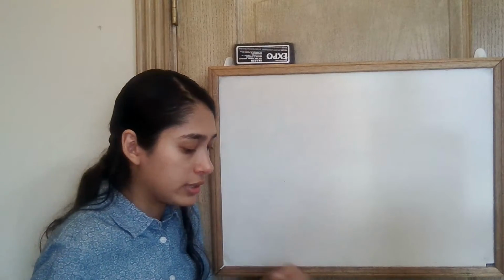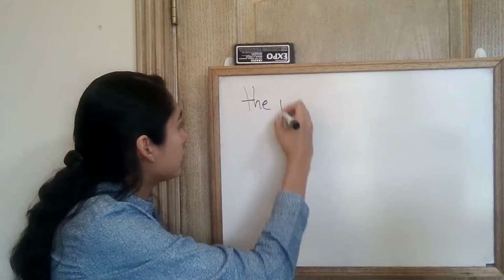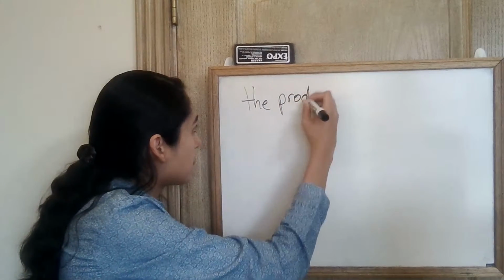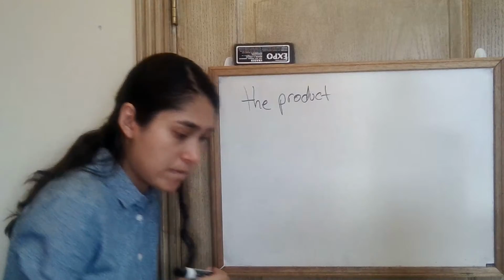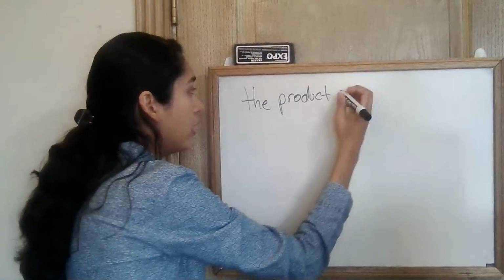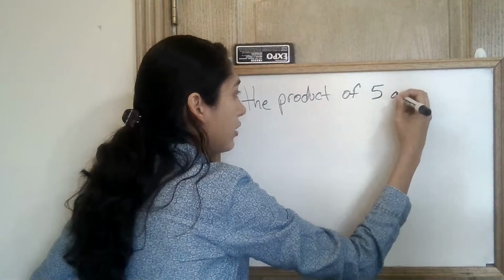So let's say I have here the product of 5 and a number.